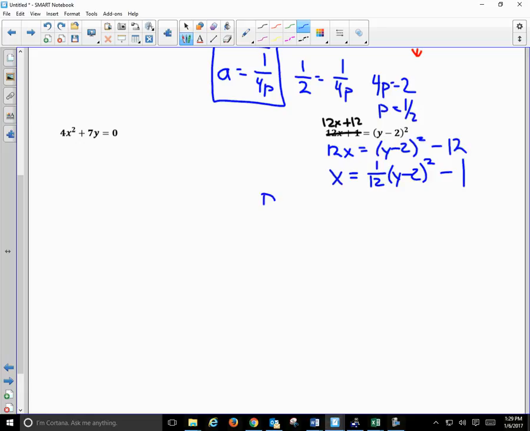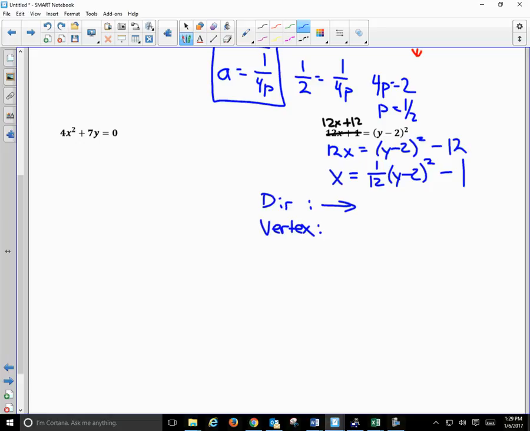So as you work through this, the two I want to help you identify right away are the direction and the vertex. This is where people make mistakes. Is this going to open horizontally or vertically? Horizontally, left or right? Right. I'm going to ask you what the vertex is, but I don't want you to answer right away.